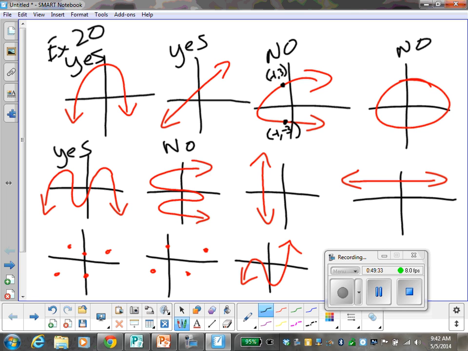How about this one? How many times is it hitting? A bunch. If you look at those points, estimate. This would be -5, up 2. This would be -5, 0.